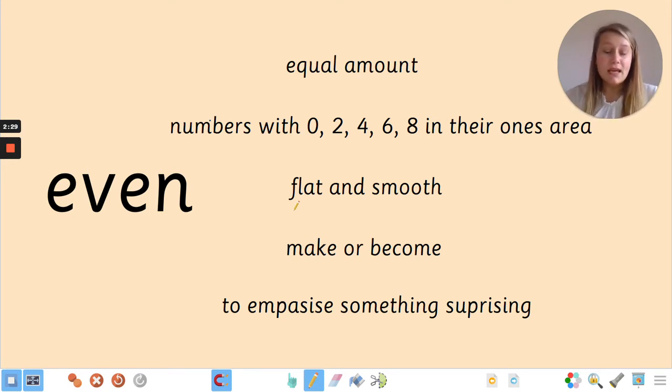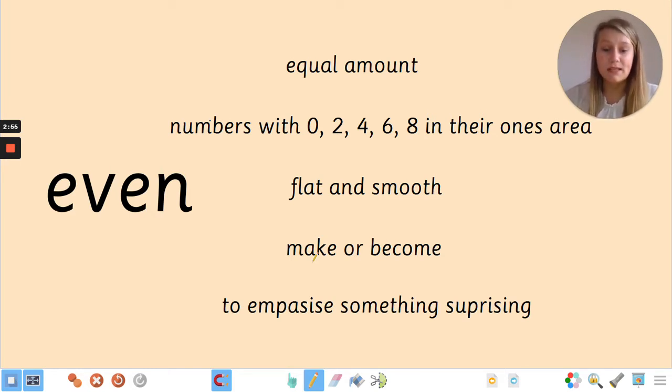Okay, so if you were building, for example, and you were building a wall, you might say we need to make the wall even, we need to make it flat, we need to make it smooth and straight. Now, we can use the word even in the sense of to make or to become. So if you were at a hairdresser's, for example, and someone was cutting your hair, you might say he needs to make sure that he makes it even, or you might say he needs to even it out.